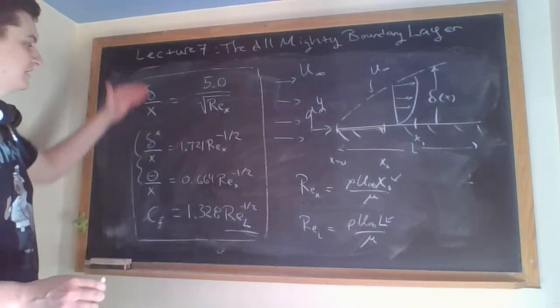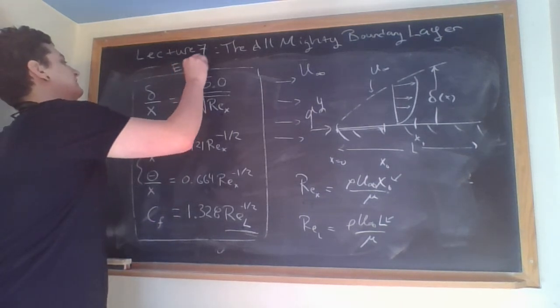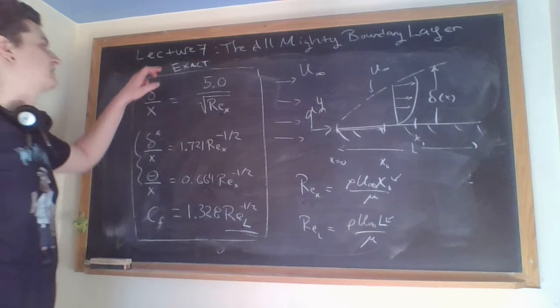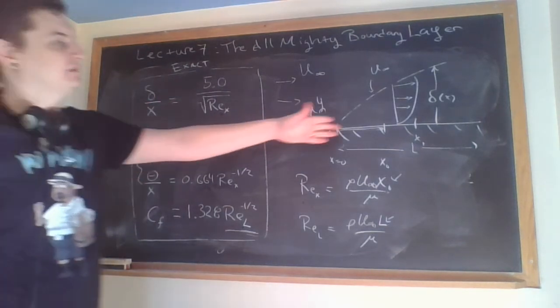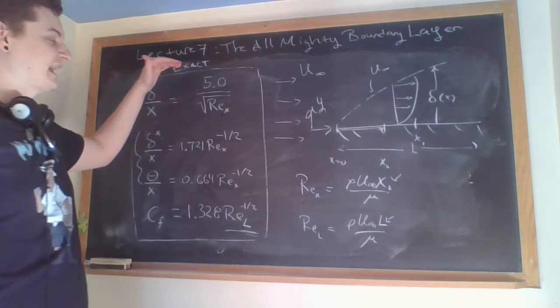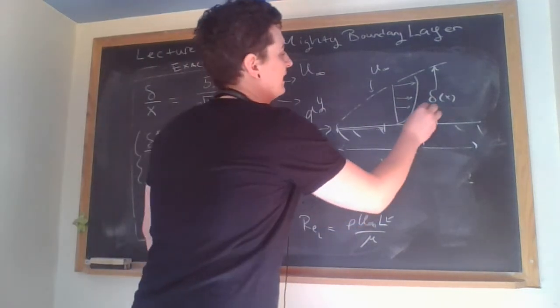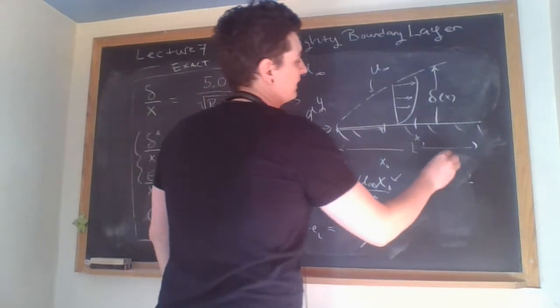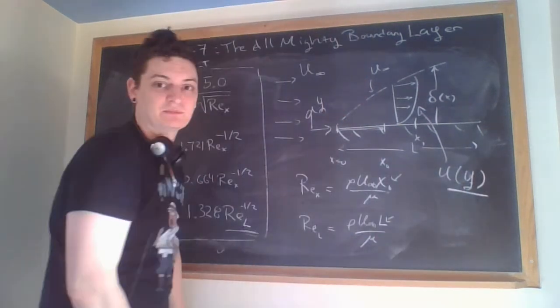But these are the important things, and they call these exact, and you'll see why. You can also have approximates, the approximate being that you assume what the velocity profile is a priori. Exact means this is for the true u of y. This is a solution for the actual velocity profile.